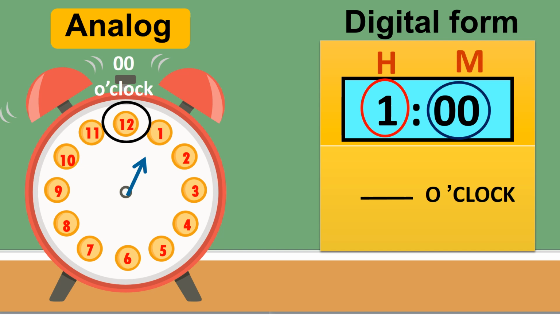So the long hand points to 0, 0, which points to 12. So in analog form, the clock will be what? The short hand points to 1, the long hand points to 12. It means in analog form o'clock. So it's 1 o'clock.